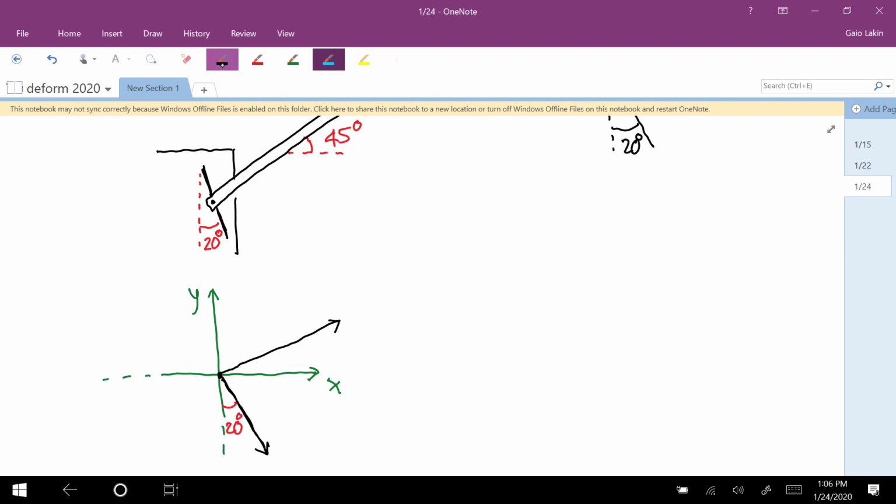What we're trying to come up with is the value of theta that's counterclockwise from the positive x-axis to this. What's the counterclockwise angle from the positive x-axis to this vector? Well, it's 20 degrees short of 90. It's clockwise, not counterclockwise, so we'll start out with negative 70.